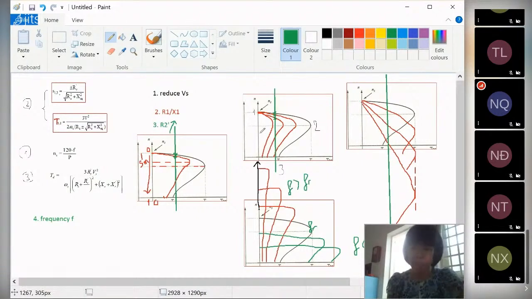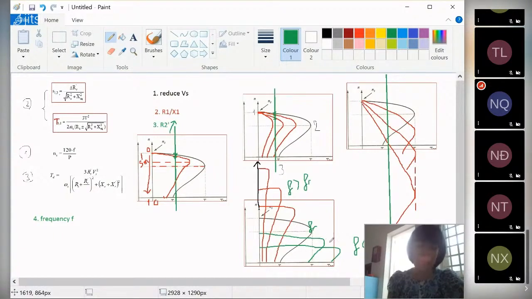However, when you reduce the frequency, the maximum torque is very large. Yes or no? The maximum torque of the artificial response will be larger than the maximum torque of the natural response. And when the maximum torque is larger than in the natural response, the current flowing through the AC motor will be large too.